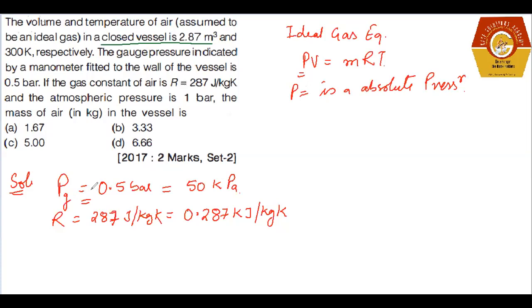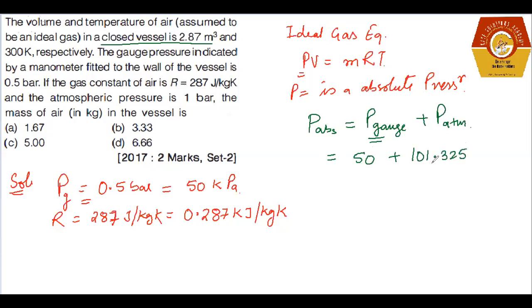We know that if we want to convert gauge pressure into absolute pressure, the equation is P absolute = P gauge + P atmosphere, right? So in this question, the gauge pressure is 50 kilopascal plus the atmospheric pressure, whose value in kilopascal is 101.325.